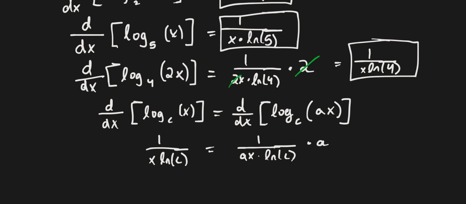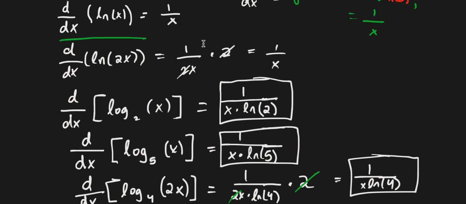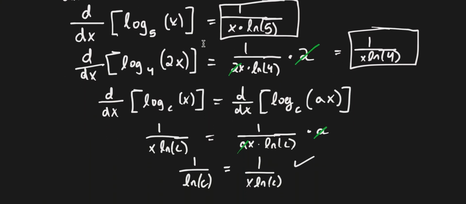And then of course the a's will cancel, making this just 1 over x ln c. So that's just something that we can think about. That was also the case, of course, in the previous example.